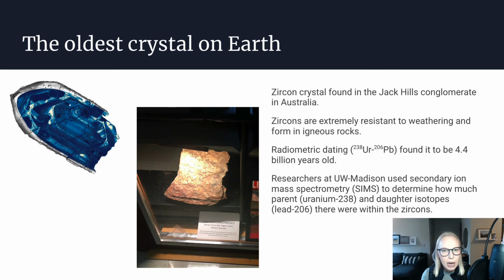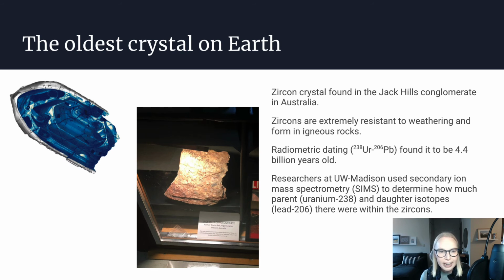They used a machine called a secondary ion mass spectrometer, or the SIMS machine for short. And they used that to count individual uranium and lead atoms. That is an incredibly tedious process, but they made sure to count every single individual atom.